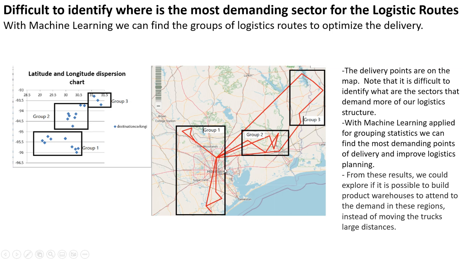You can see that instead of sending trucks all over this area on the map, we can start building a warehouse on each headquarters of each group, and we can save a lot of money because we are going to avoid using trucks to run large distances.